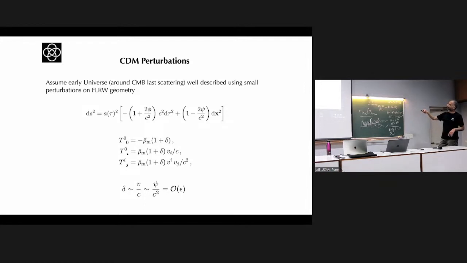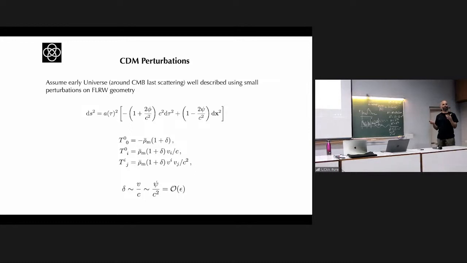On top of that, I have added two functions, phi and psi. These are the perturbations in the metric that are allowed by general relativity, and we want to track these. Correspondingly, I also have to track perturbations in the matter. For the purpose of this discussion, let's only focus on non-relativistic matter, forget about radiation and baryons. Now I have an energy momentum tensor, which earlier was rho and then 0, 0, 0. There was no pressure.